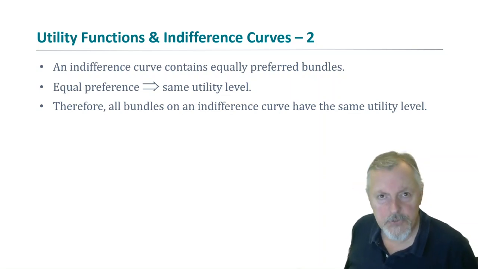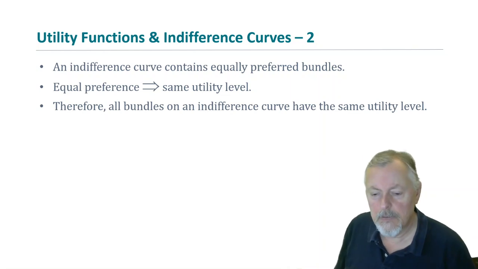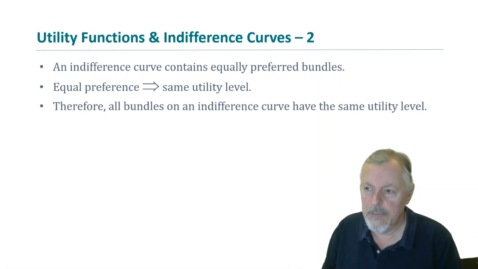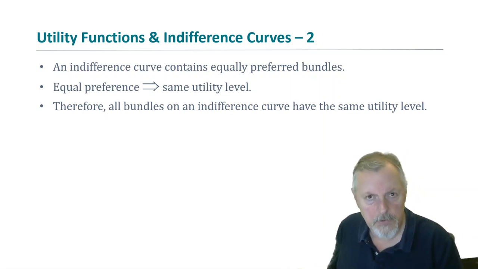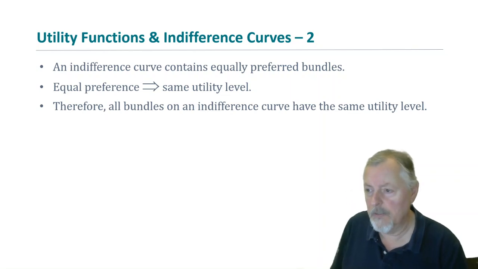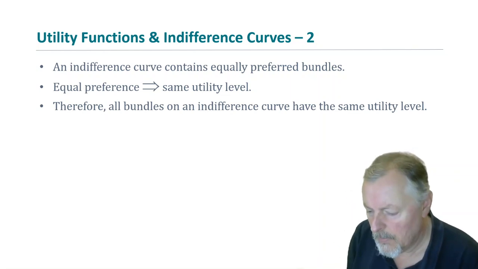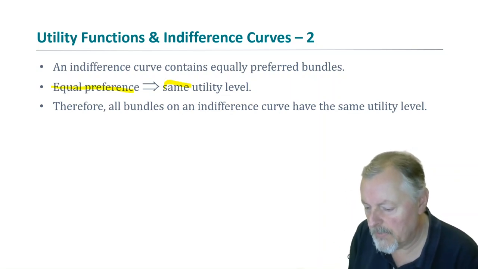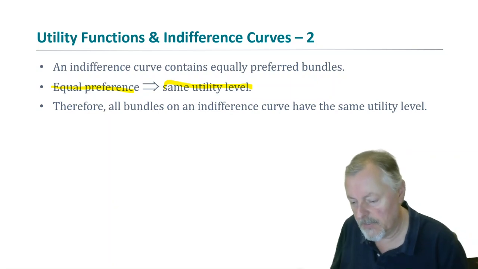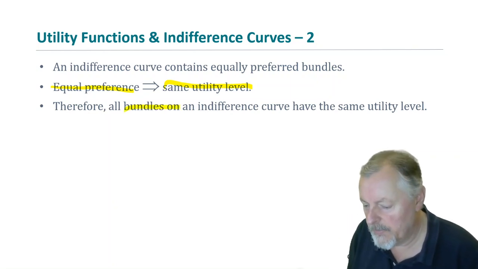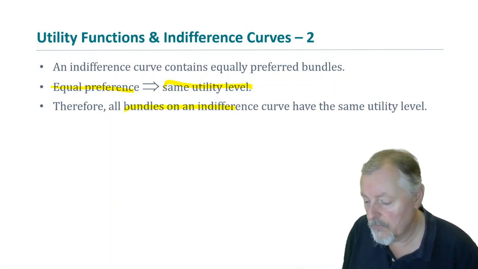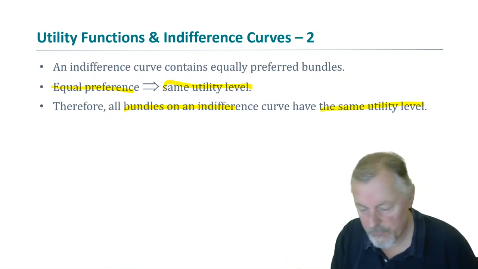An indifference curve is the set of all consumption bundles that you are indifferent between. Well, if you're indifferent between them, that implies they have the same utility level. So all bundles on a given indifference curve have the same utility.